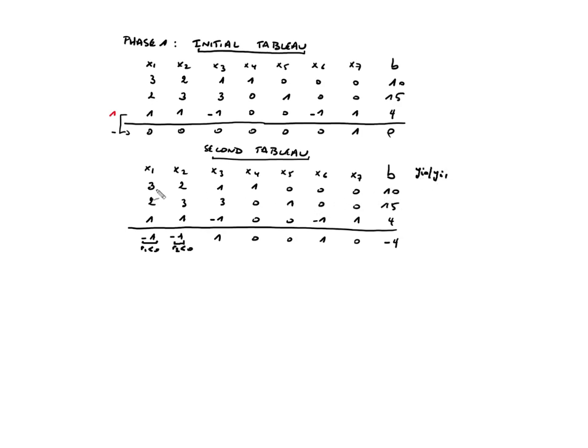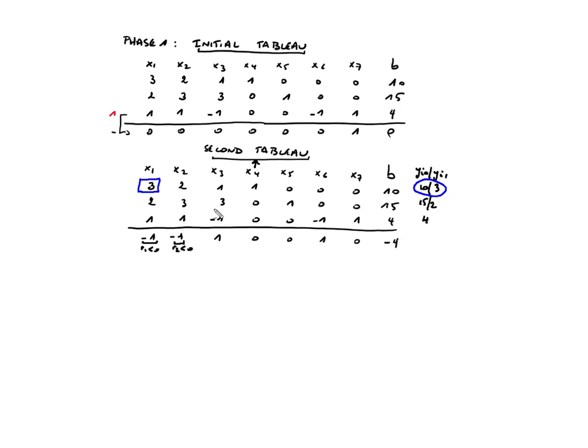So this one divided by this one, that's 10 thirds. This one divided by this one, that's 15 over 2. And this one divided by this one, that's simply 4. The smallest one is this one over here, so the pivot is here, and we can see that x4 is going to leave the basis.